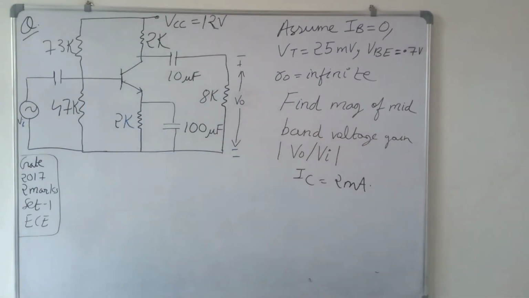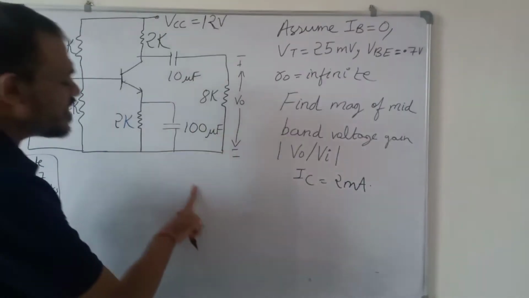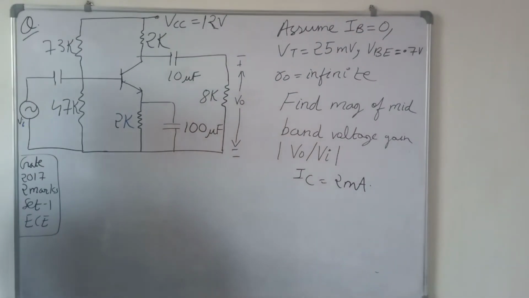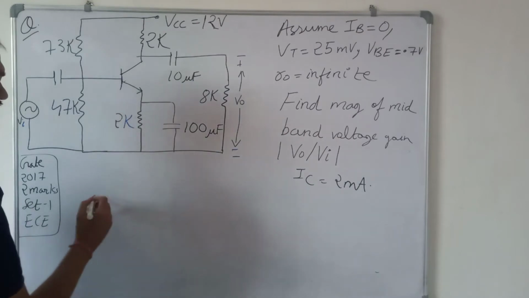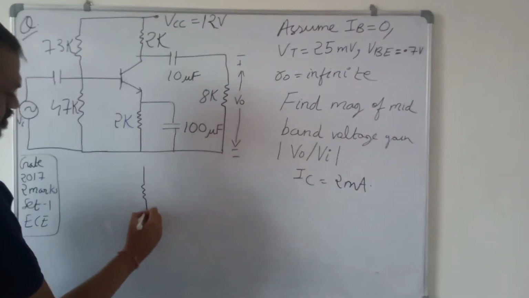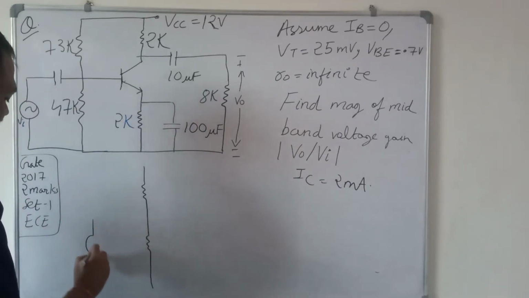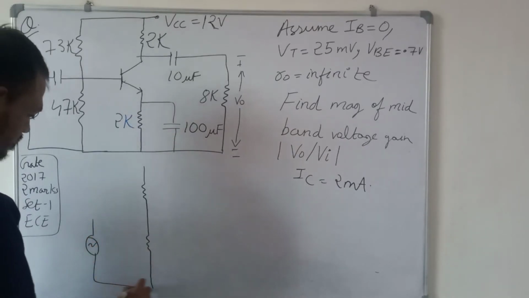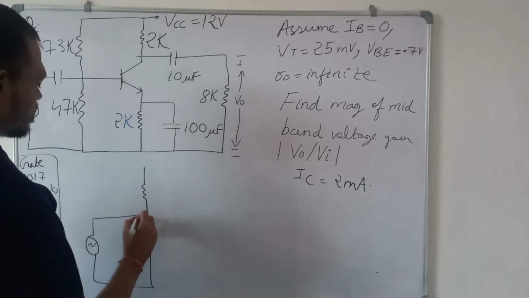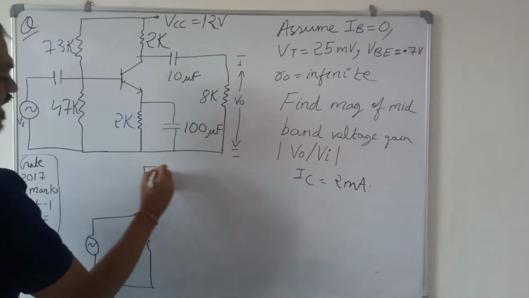Now we have to find the mid-band voltage gain, and to find the voltage gain we have to do the AC analysis. So for AC analysis we have to short circuit the capacitors. So we have to short circuit this capacitor. If we short circuit the capacitors, then the circuit will look like this, and we have to ground the DC supply.